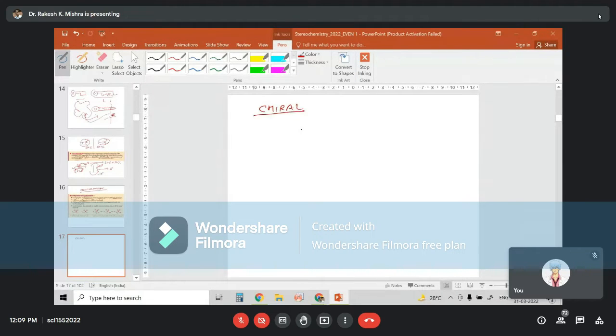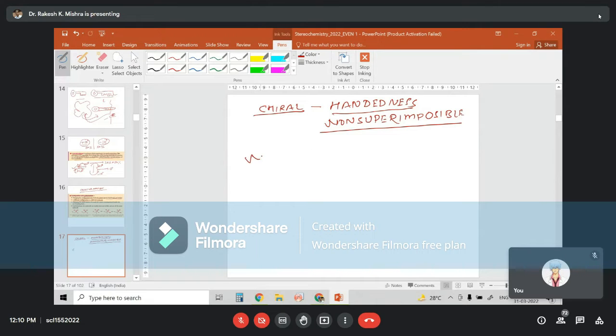Chiral comes from hand. Hand has a property of handedness, and these are non-superimposable. So both hands are mirror images, and both have the handedness property.